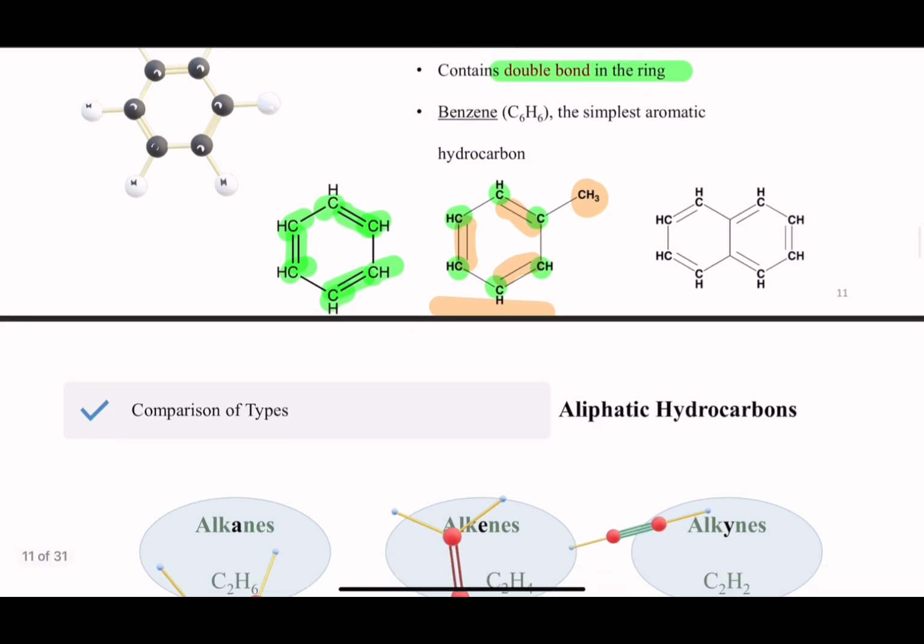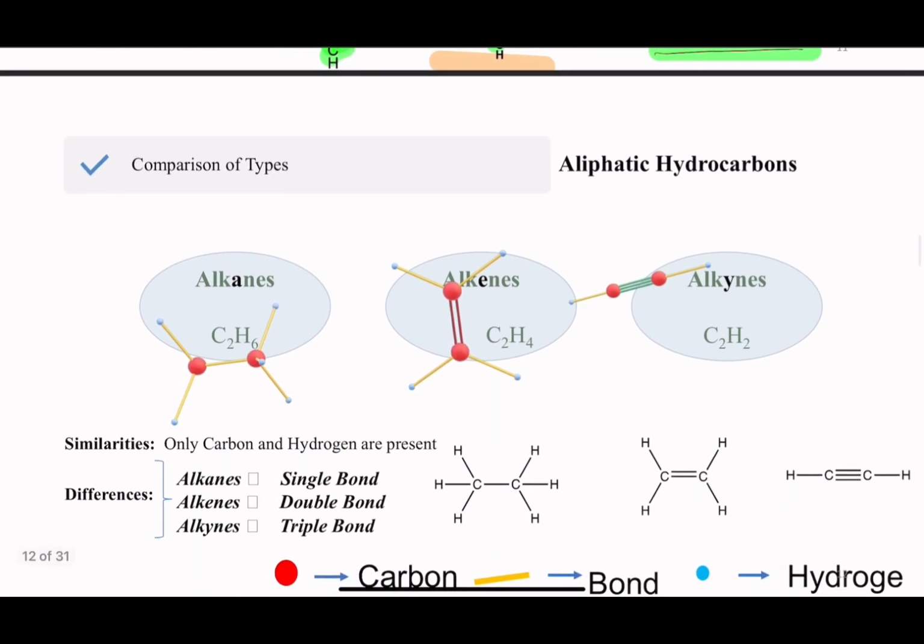Okay, they're all aromatics, and this guy is aromatic too. I have here 1, 2, 3, 4, 5, 6, and then 1, 2, 3, 4, 5, 6. So all three are aromatic in this case.